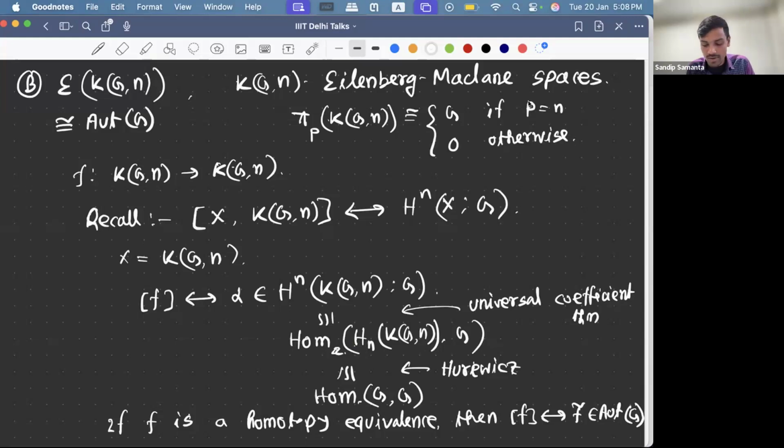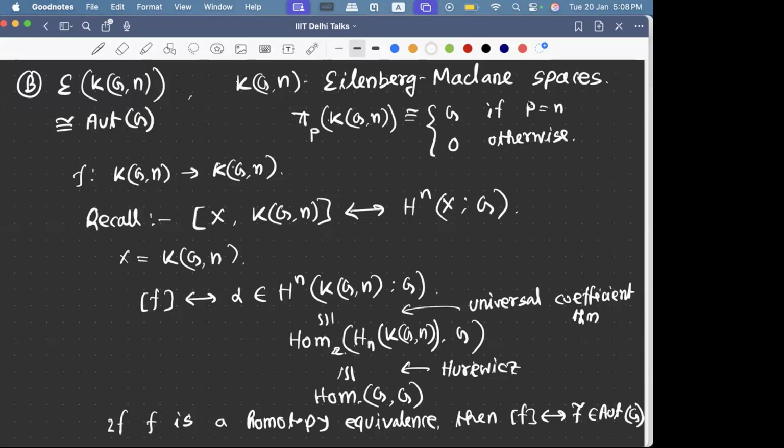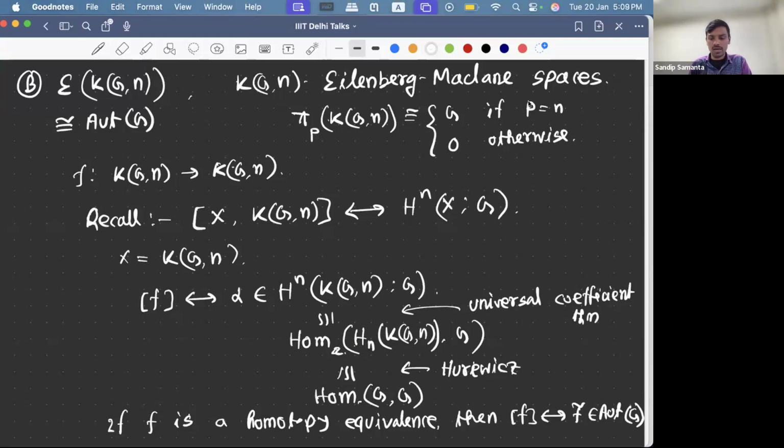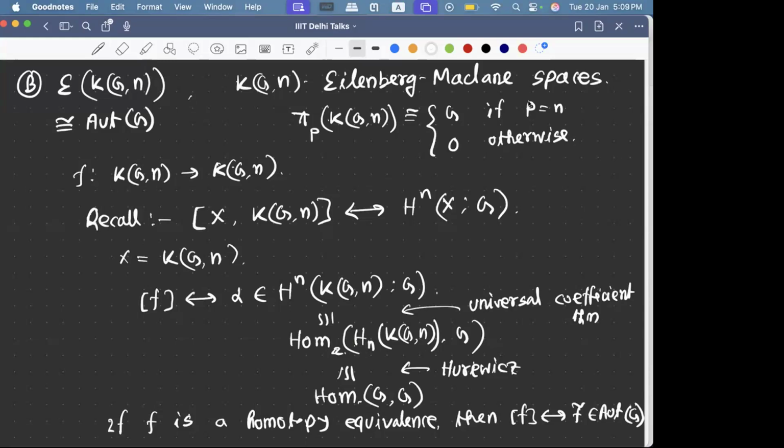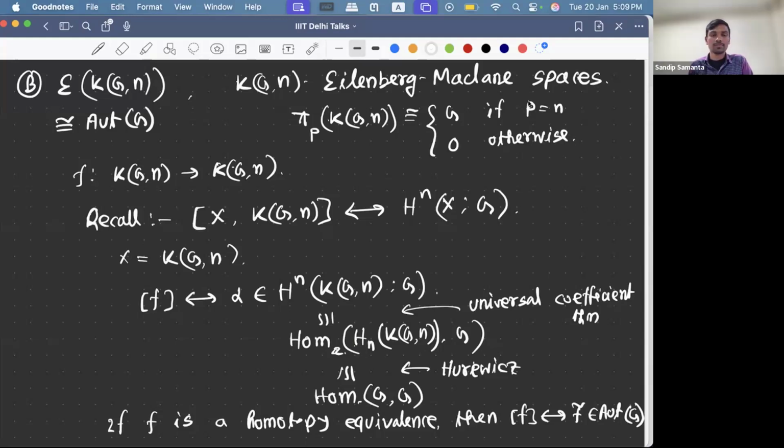So if I start with just a map, then it corresponds to a homomorphism from G to G. But if it is a homotopy equivalence, then the corresponding element on the right hand side is also an isomorphism of groups. Right? Oh, okay, I get it. You can compose it and get the identity, and you can do that there as well. Yes. So that's why at the space level, a map corresponds to a homomorphism G to G. If we just want the homotopy classes of maps, then you consider the morphisms. Okay. Yes, exactly.